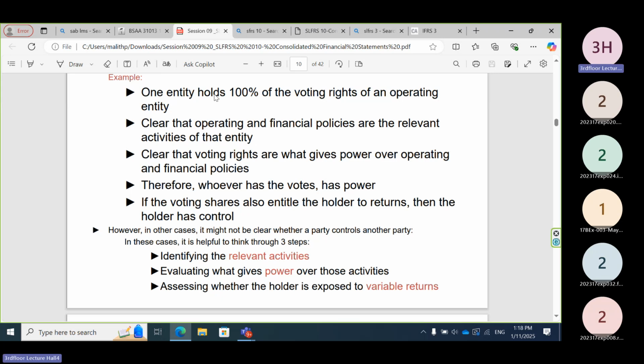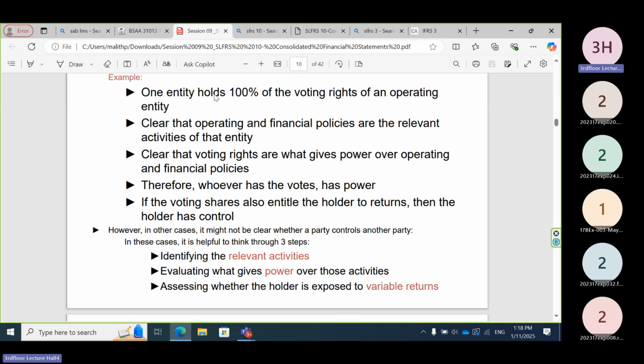That can be measured directly. So then, what method? The asset definition is understood, right? Relevant activities, evaluating what gives power over those activities, assessing whether the holder is exposed to variable returns.